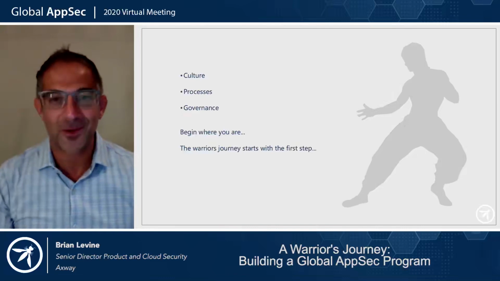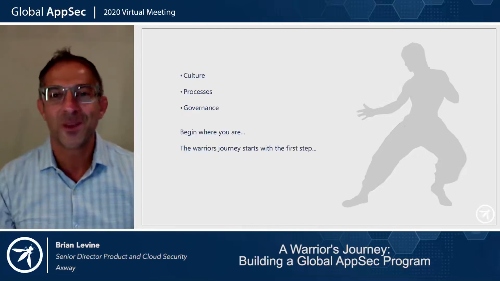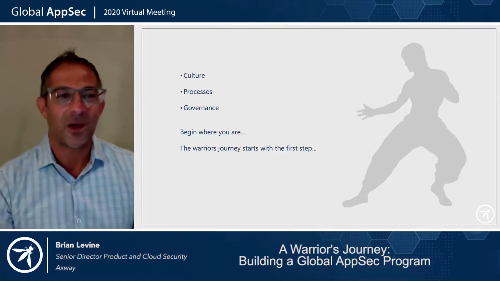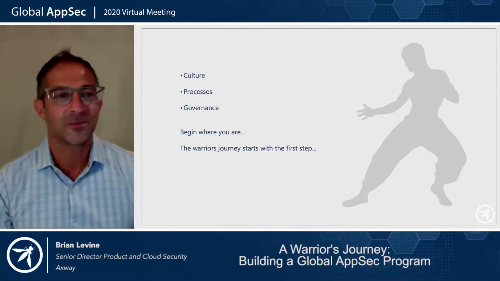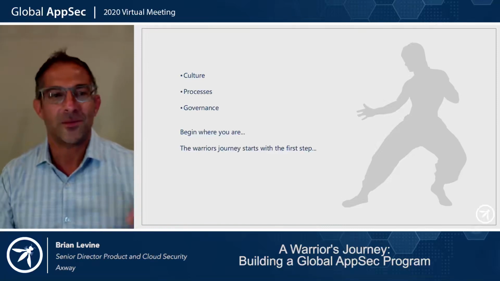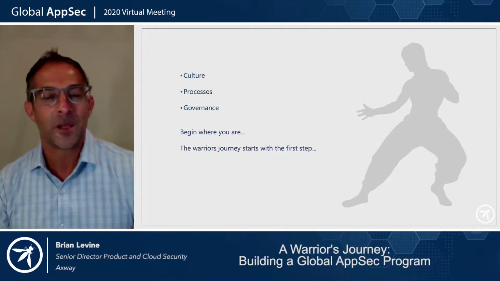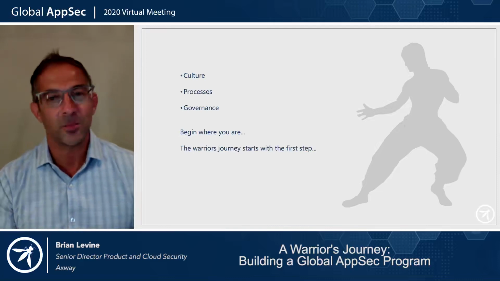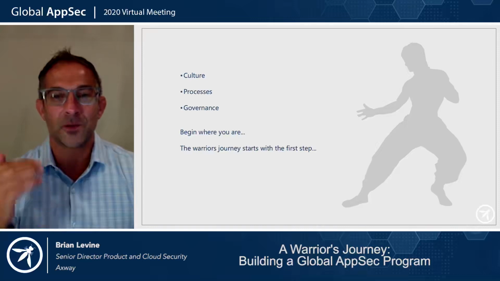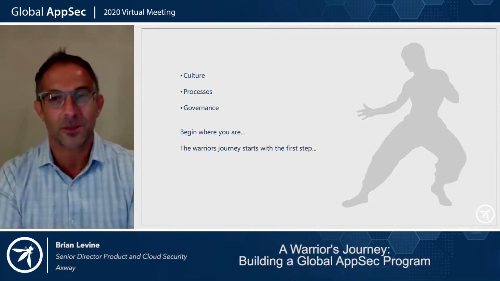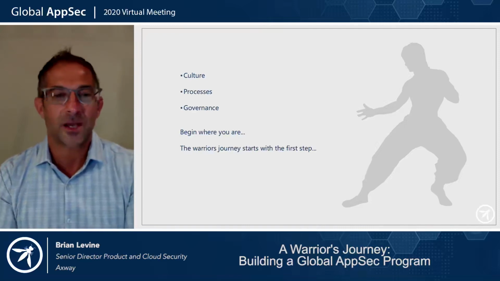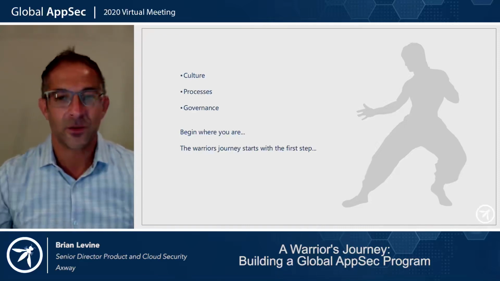Now I'm going to wrap up here. Just to recap, we explored the foundations in the three key areas: culture, process, and governance. And I gave examples that you can take, number one, if you're just getting started and building a program, but also hopefully if you're looking to improve your AppSec program to the next stage, some takeaways and actions you can take to go to the next level.